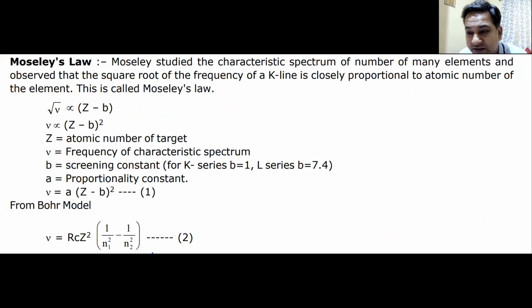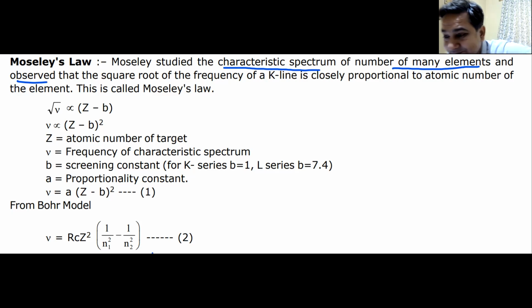Moseley comes here. Moseley, why did Moseley do it? And this is how Moseley did it. Physics, chemistry only gives you unnecessary details, that this is how the electrons or the atoms were arranged, metals were arranged. Physics tells you how it was arranged. He got it from the characteristic spectrum of a number of elements.